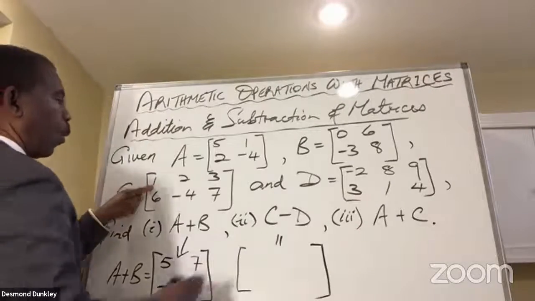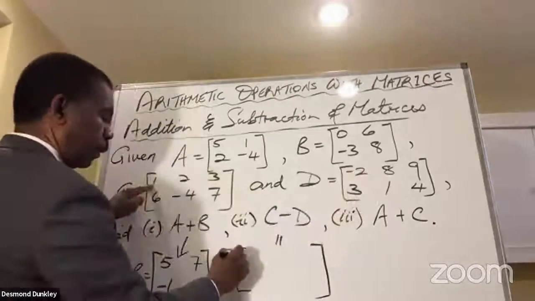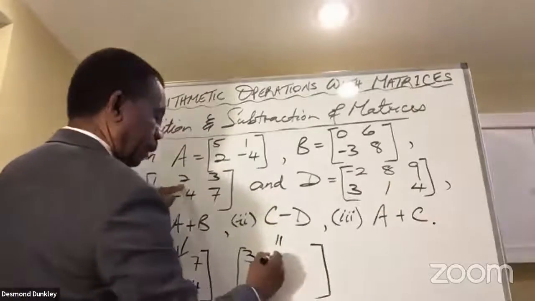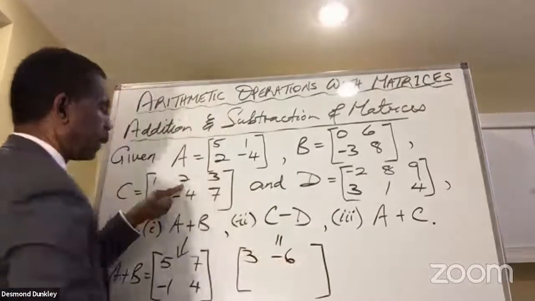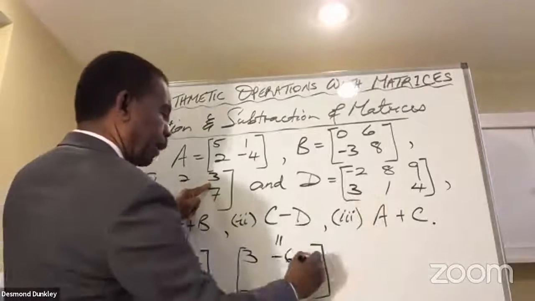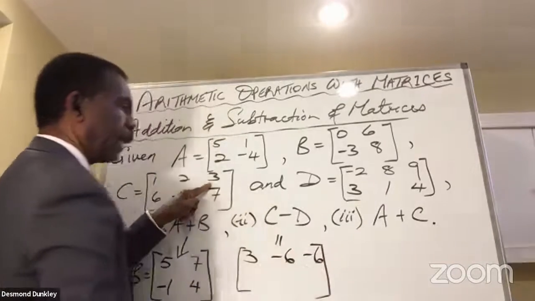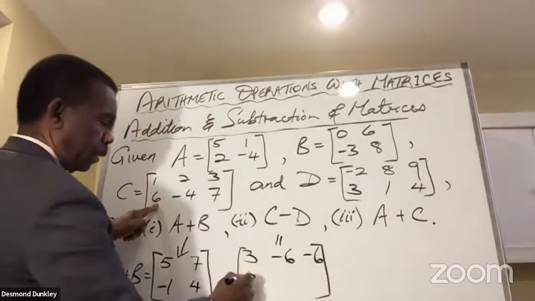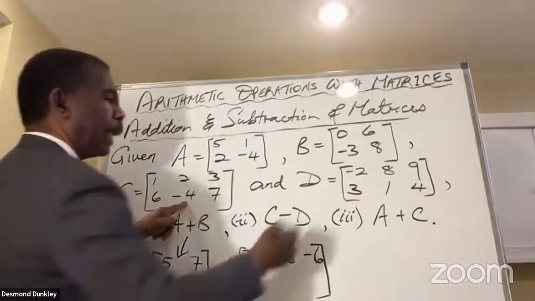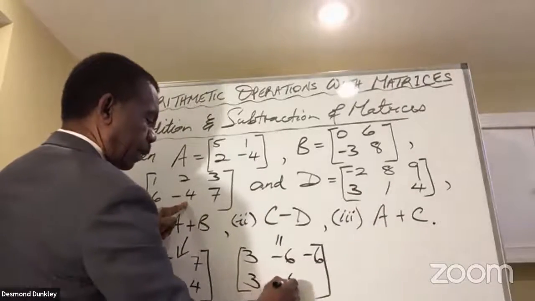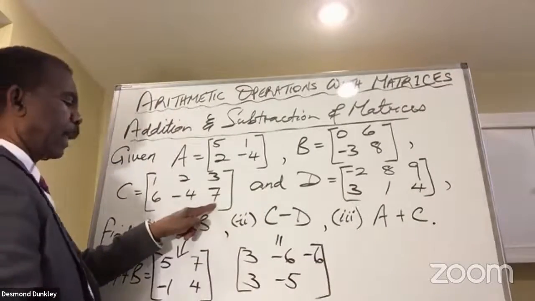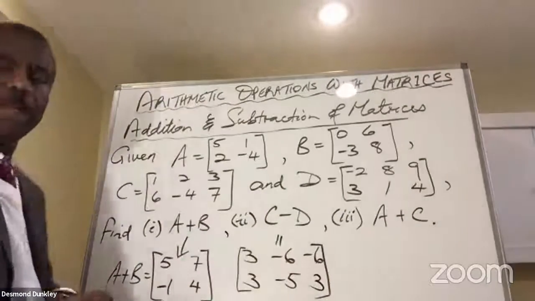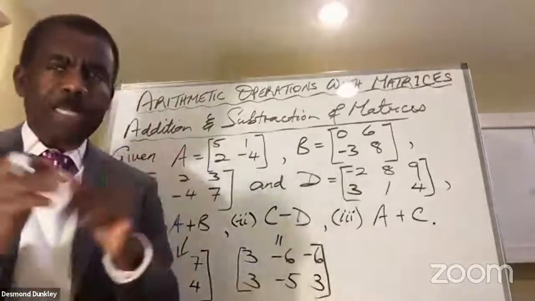So here we go. 1 take away -2 is 3. 2 take away 8 is -6. 3 take away 9 is -6. 6 take away 3 is 3. -4 take away 1 is -5. And 7 take away 4 is 3.